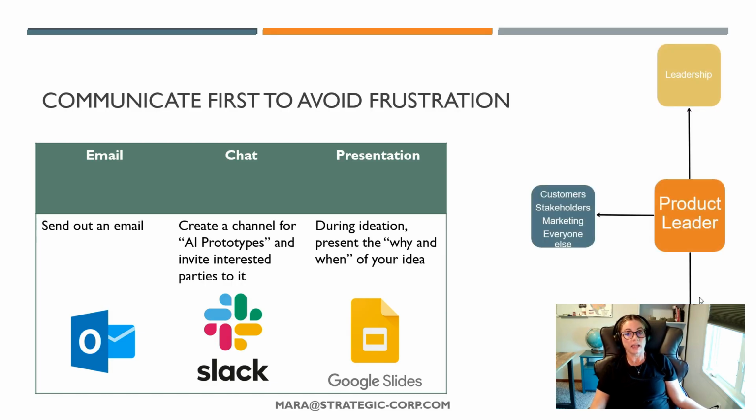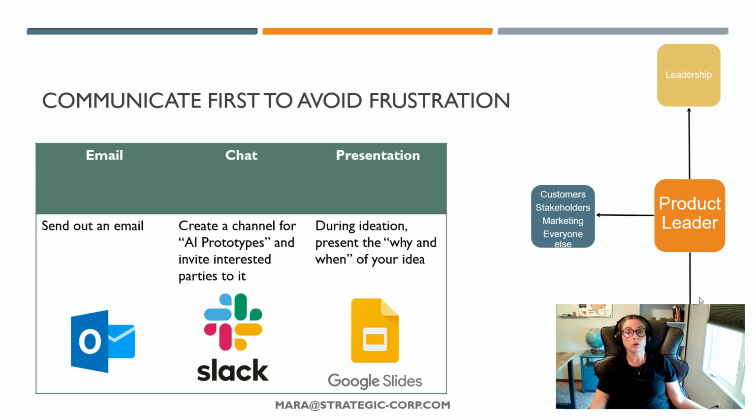I use this diagram for lots of product leader education. So essentially, a product leader needs to communicate up to their leadership. They need to be communicating down to the design and engineering and testing teams, or any teams that report to them or under their product. And they need to be communicating outward to customers, stakeholders, marketing, everyone else.